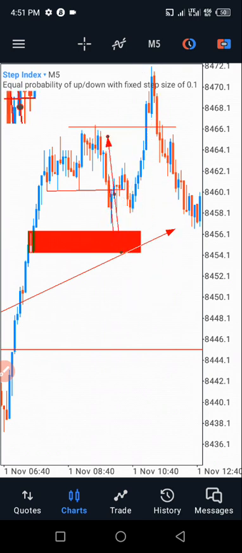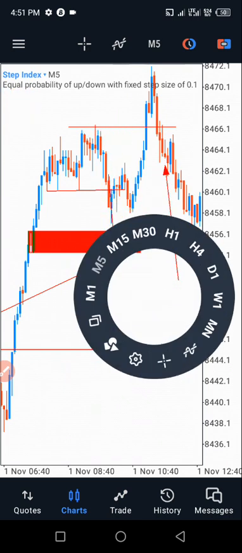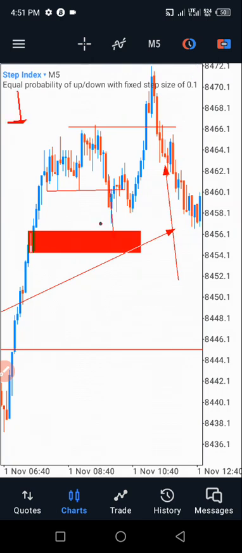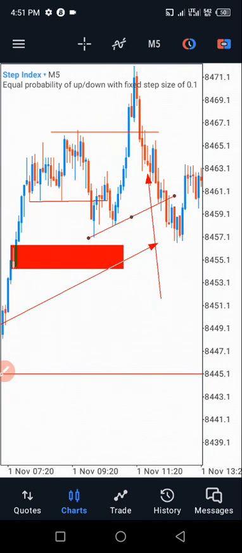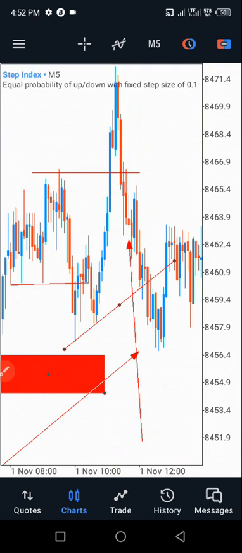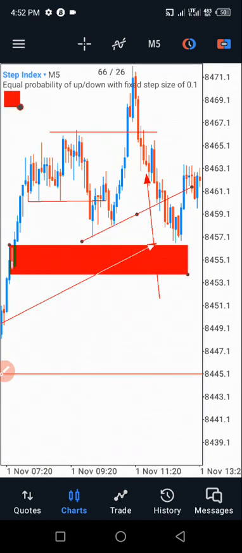All right, so after market took out this high here, I noticed that there was a liquidity here. All right, so market created a liquidity here, so I still needed price to come and tap inside this order block. But you notice that there's a lot of manipulation in the market.